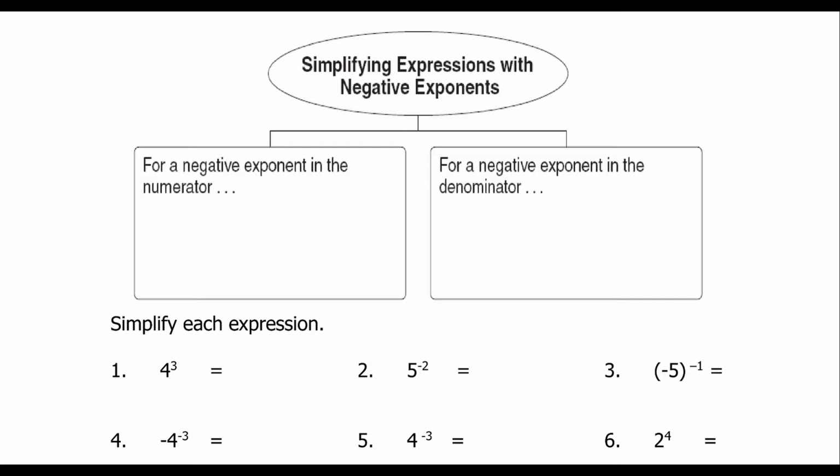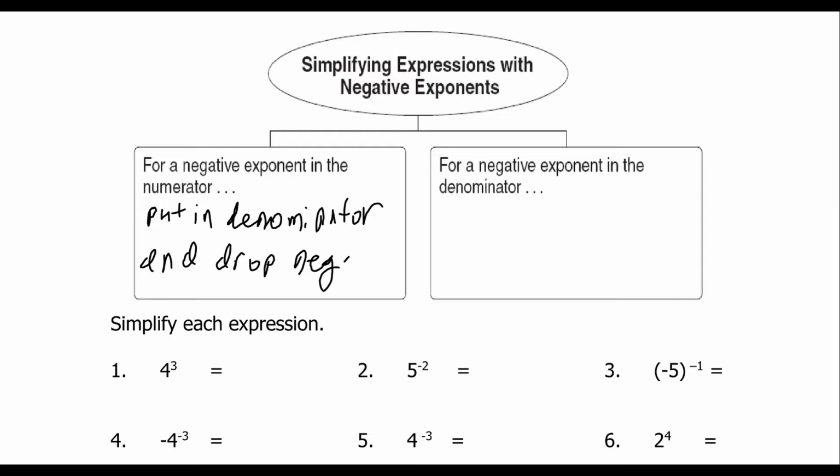Okay, what I would do is I would say something along the lines of put in denominator and drop negative. Okay? Now, just as a side note, okay? When I say negative in this case, I mean negative from the exponent.